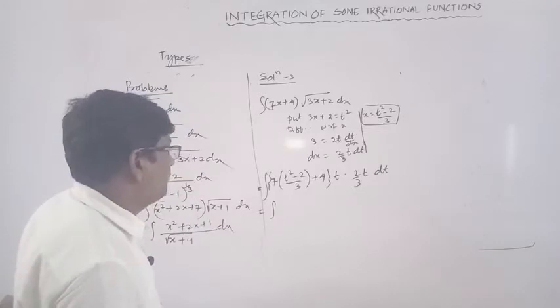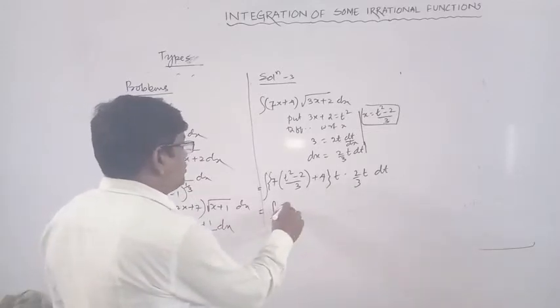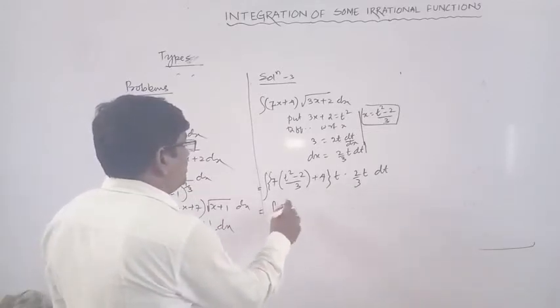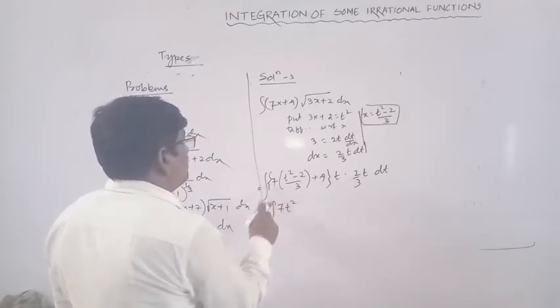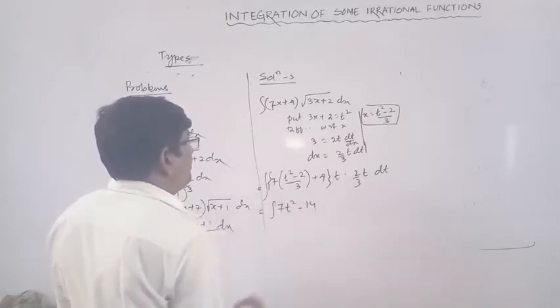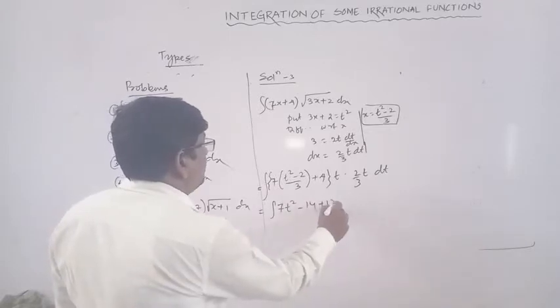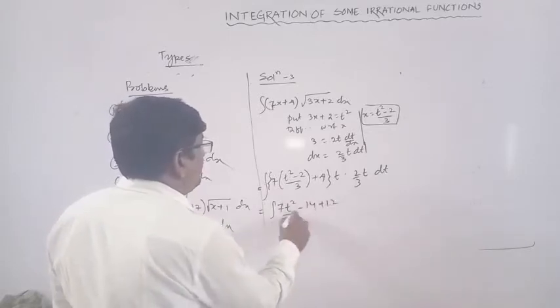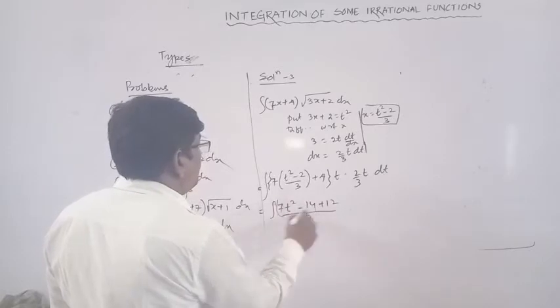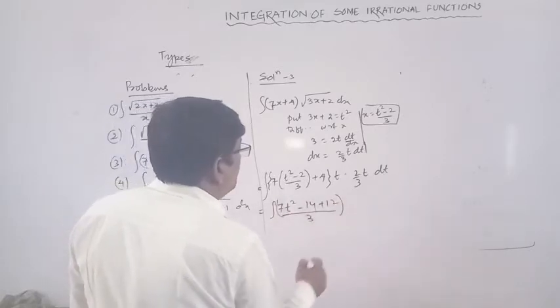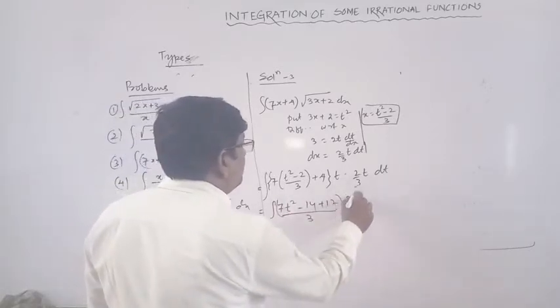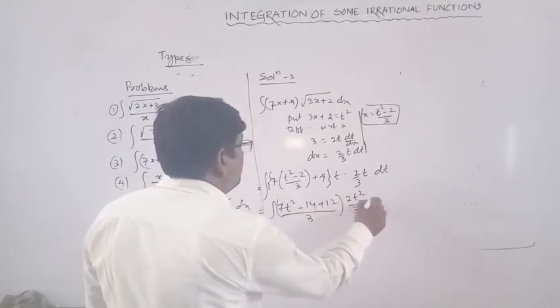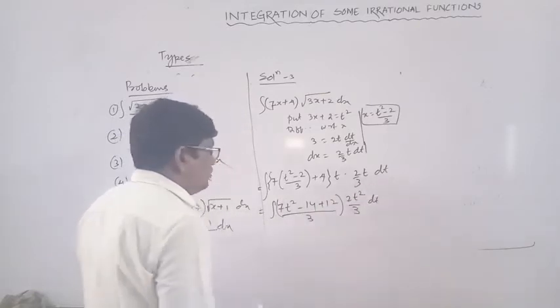And this is equal to the integration of (7t² − 14 + 12) by 3 into 2t² by 3 dt. So what happens here?